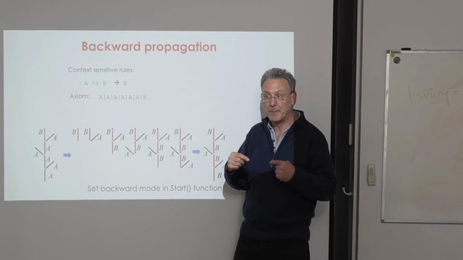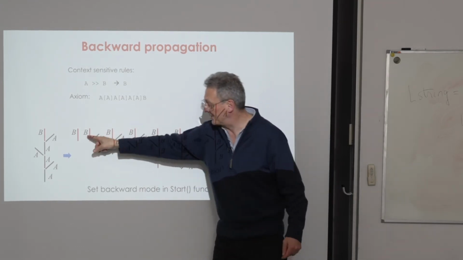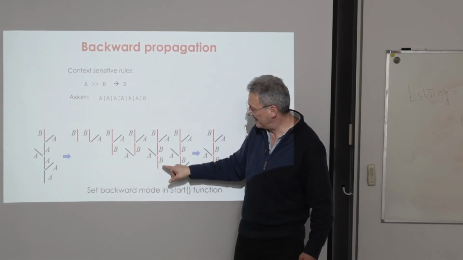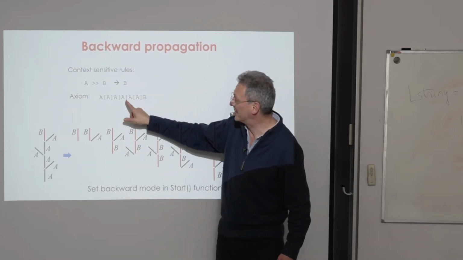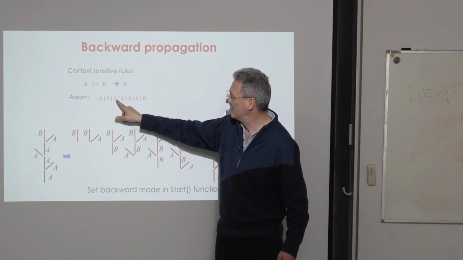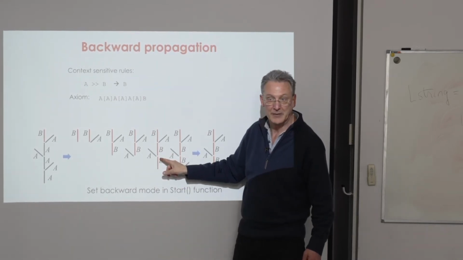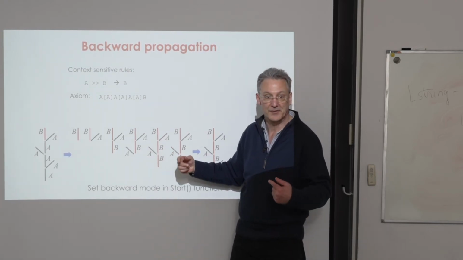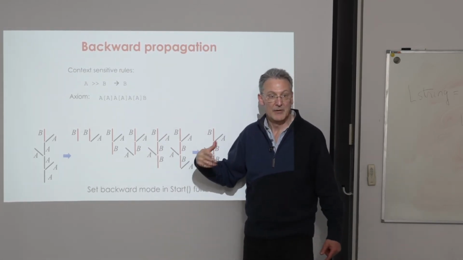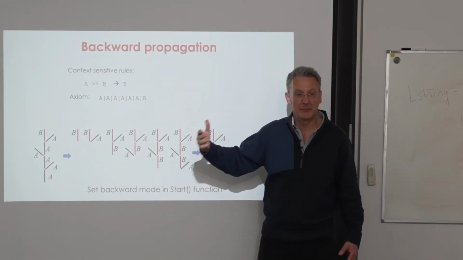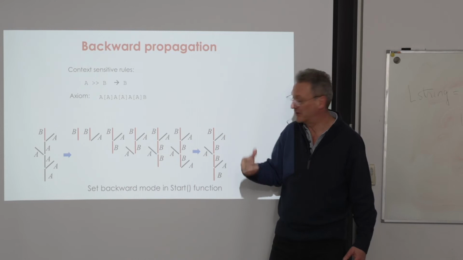In the string that is being built, you see that this A, that would occur here, is in the right context of a B. So I can transform this faster, and I don't need to wait for further derivation before I get to the final result.